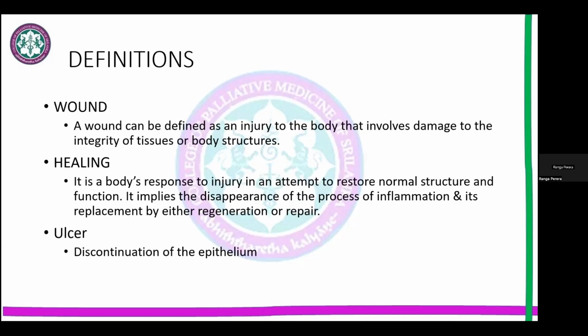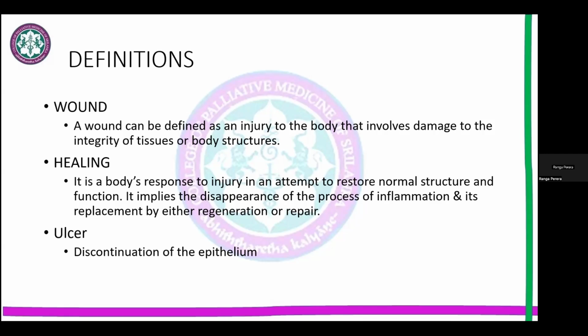In definition, a wound is defined as an injury to a part of the body that involves damage to the integrity of tissue or body structure. So a wound is an injured part of a tissue that has lost its integrity. Healing is the process of repair of the injury that attempts to restore the normal structure and function.